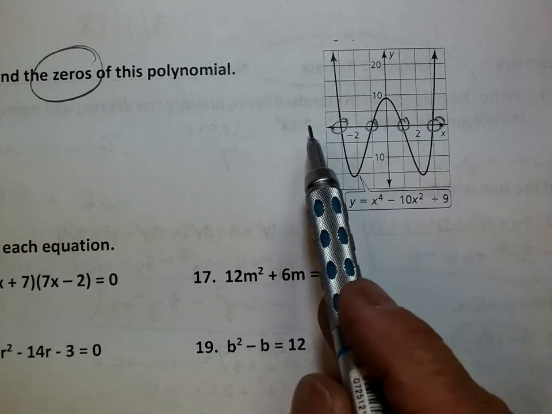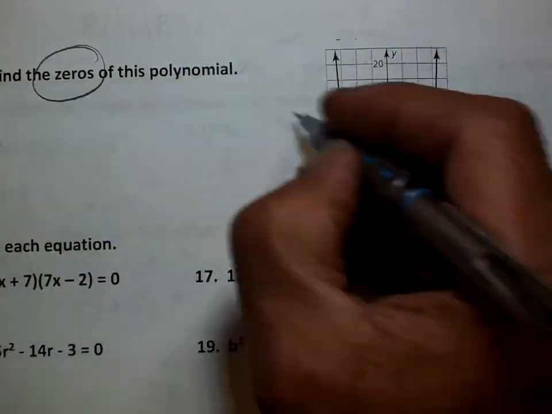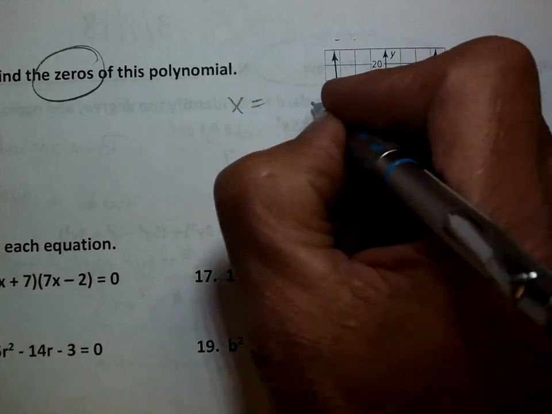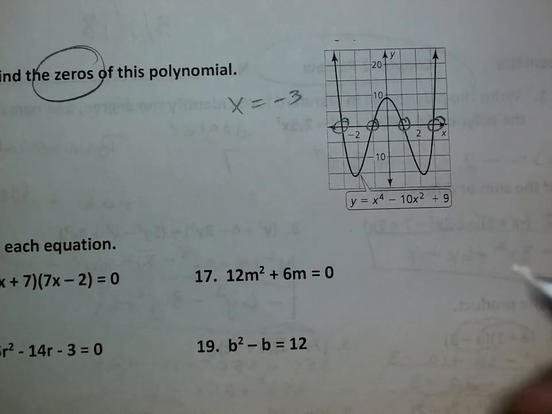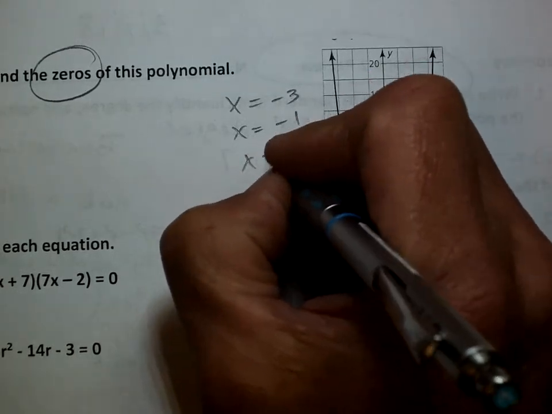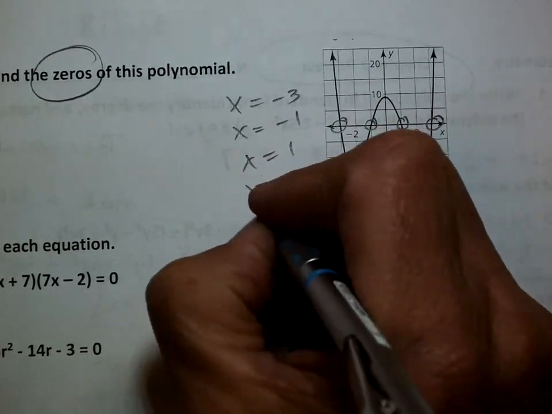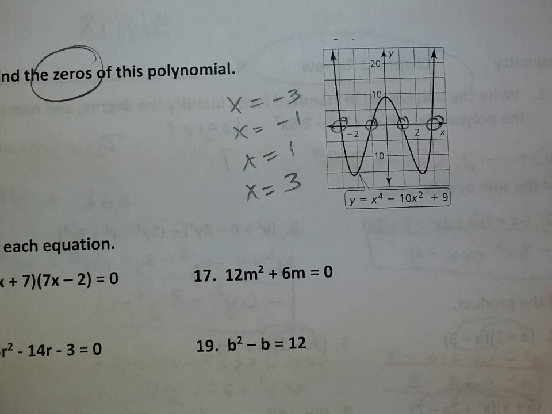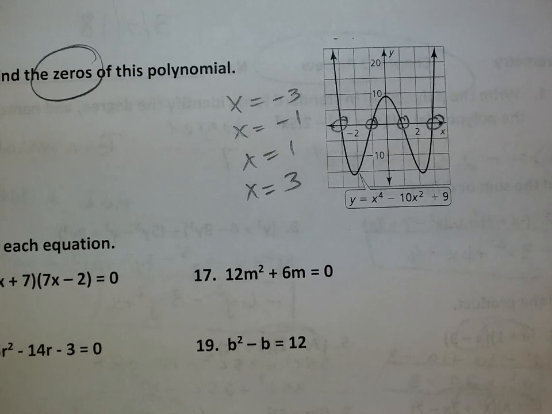So it's as easy as x equals negative 3, x equals negative 1, x equals 1, and x equals 3. Boom. That's it. Now it will factor, and it will solve to these answers.